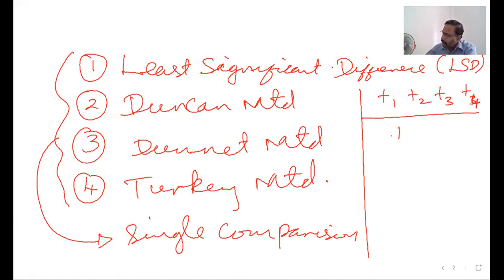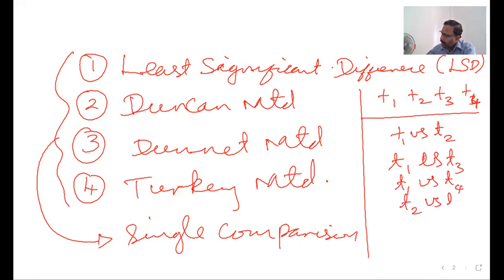So T1 versus T2, T1 versus T3, T1 versus T4, then T2 versus T3. So likewise, how many individual comparisons are possible? Anyone?